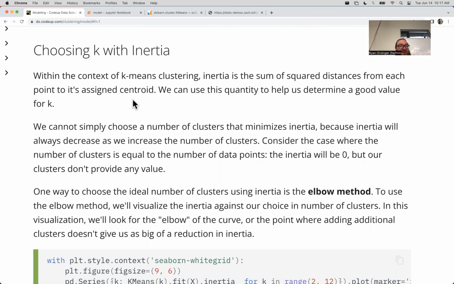We use something called the elbow method. So we're going to choose K by means of using inertia. So again, inertia is the sum of squared distances from each point to its centroid. So it's not error, because there's natural variance in data, right?